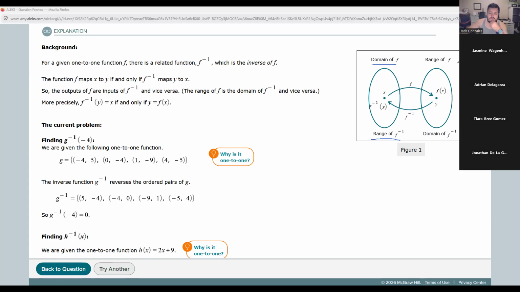So the range of f is now the domain of f inverse. So that just becomes opposite. Domain is the range. Does that make sense?